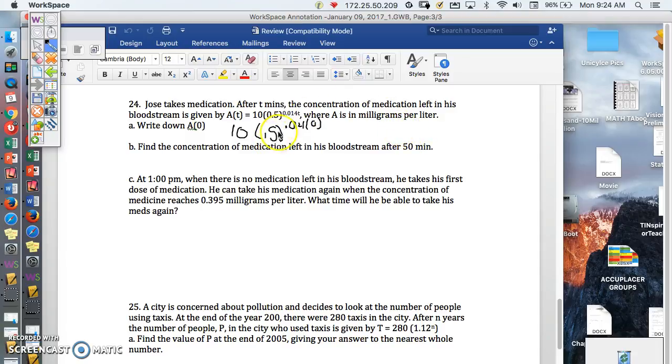Well, let's see, 0.5 to the 0 is 1, times 10 is 10. And then after 50 minutes, well, all we have to do is plug in 50. So 10 times 0.5 to the power of 0.014 times 50. And we should get 6.156.